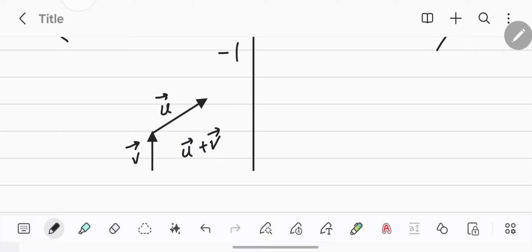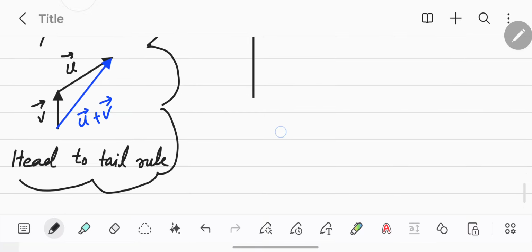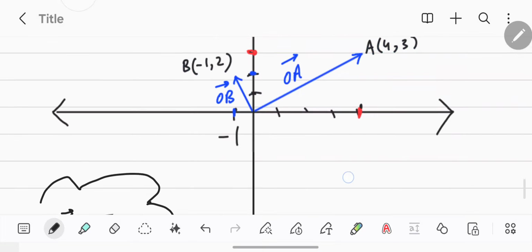The new vector, let me mark it by another color. So this new vector is u plus v. So I will call it u plus v. So this is the way we add two vectors, right? So I will call it the head to tail rule.